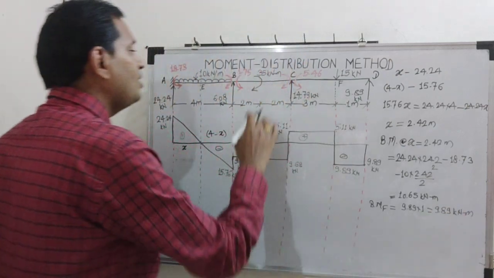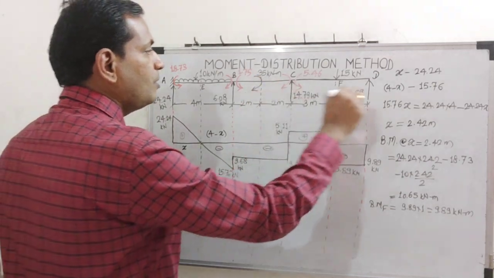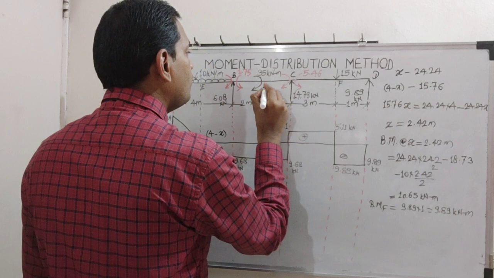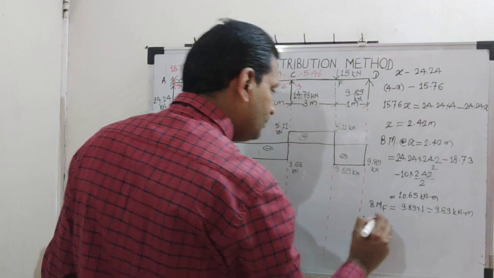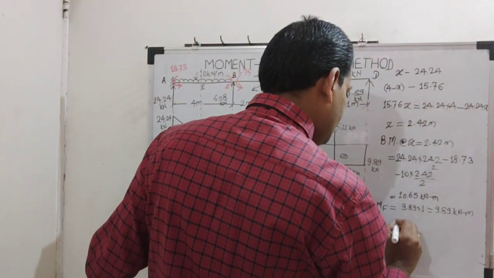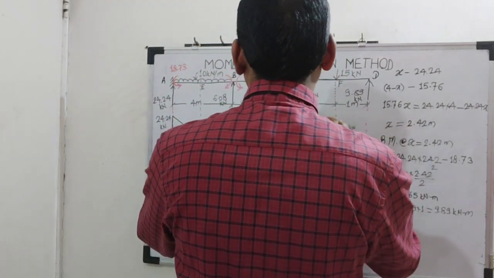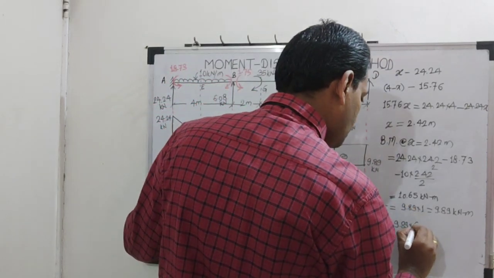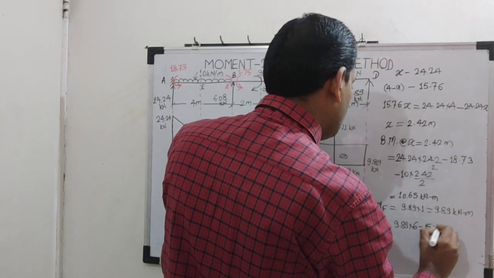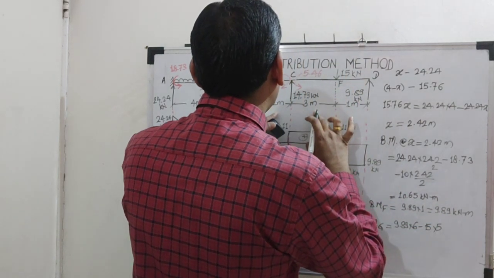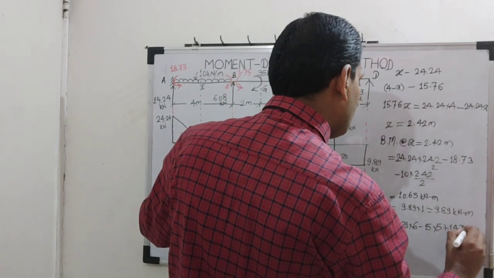Where is one more location? Here. What will be the value here? Take again the section here and consider this free body diagram. So we will assume this as G. So bending moment at G is 9.89 into, how much is this distance? 1, 3, 4, 4 plus 2, 6. Then minus 15 into 5, then plus 14.79 into 2.